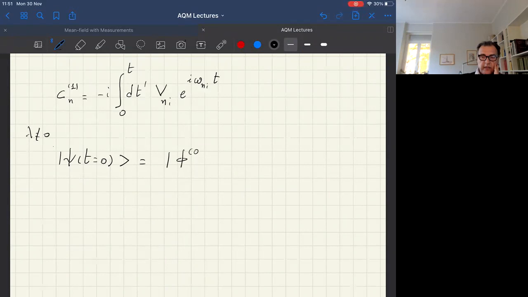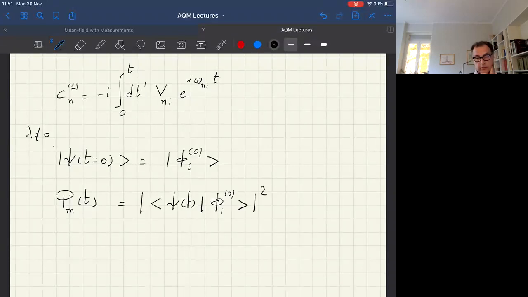So I start from phi 0 of I. The probability that I will find the system in M is just given by the scalar product of psi of t with phi 0 of I, modulus squared.